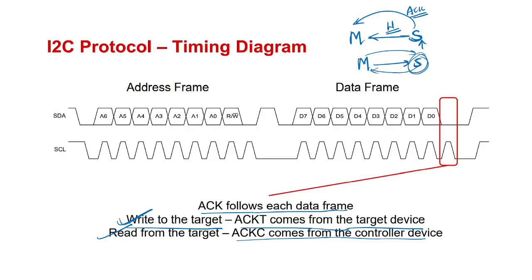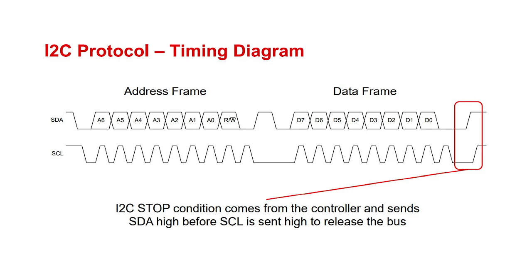That is read from the target. So how are we giving the ACK? SDA will be pulled low, and it is pulled low during SCL is 0. That is nothing but acknowledgement. And after that, stop condition.